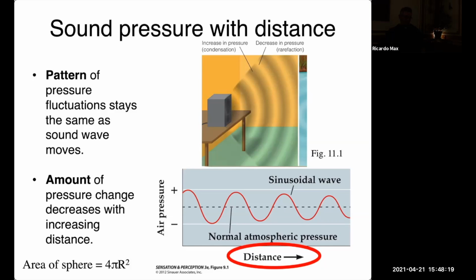The equation of area is that of a sphere, because air, when something moves, it's a sphere, right? It's 4 pi times the radius squared. So if you double the distance, you have 4 times more area. If you double the radius, the distance from the source, you have 4 times more area propagated.